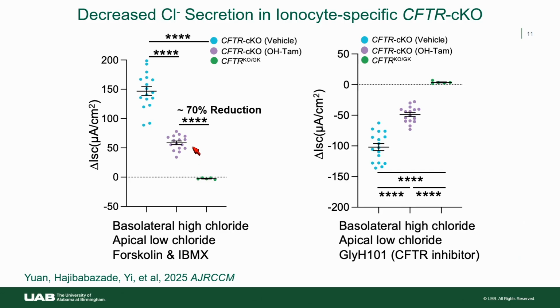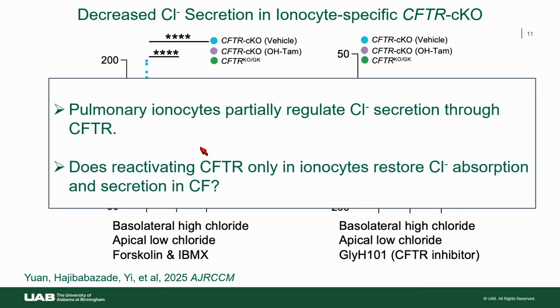Then for the residual chloride secretion from the ionocyte-specific CFTR deletion group, which cell type is contributing to the residual secretion remains unclear, which requires secretory cell and basal cell drivers to figure out. Then pulmonary ionocytes partially regulate chloride secretion through CFTR.